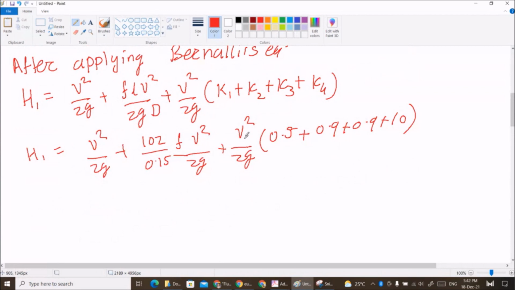Now we will take V square by 2g common. We don't know the velocity, it is asked.